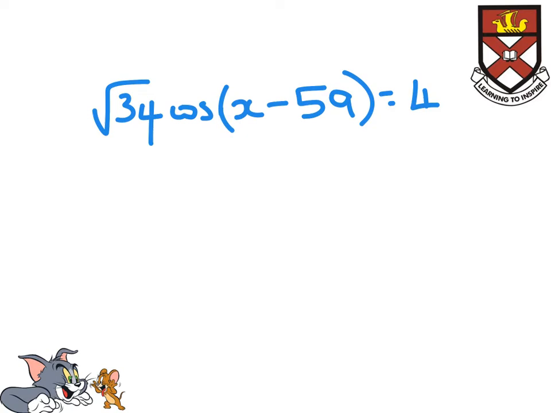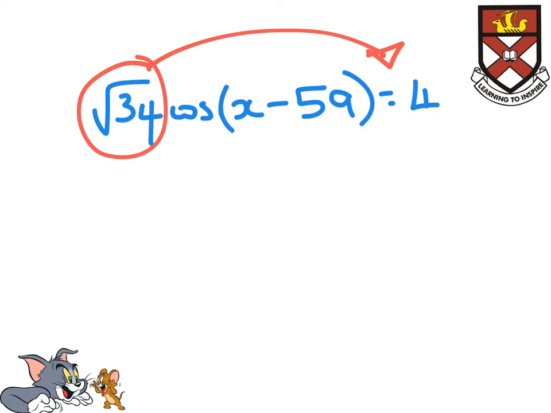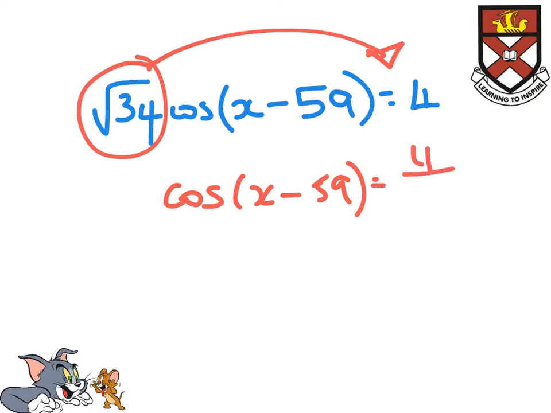So what you're going to do now, you're going to take the root 34 over to this side, which means there's going to be a divide. So you then have cos(x minus 59) equals 4 divided by root 34.